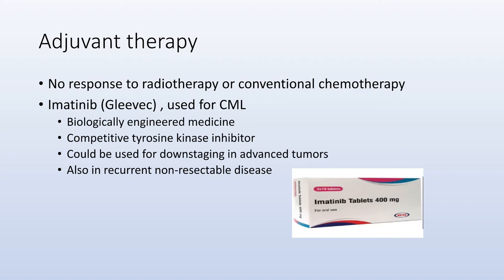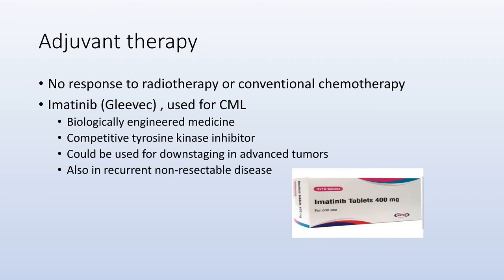It has in fact opened the door for molecular engineering to produce monoclonal antibodies against a variety of cancers. Imatinib is one of the first few that were discovered, and now there is a large number of them, and they have been applied in a variety of cancers, successfully in melanoma and breast cancer. So it's a molecularly engineered monoclonal antibody.